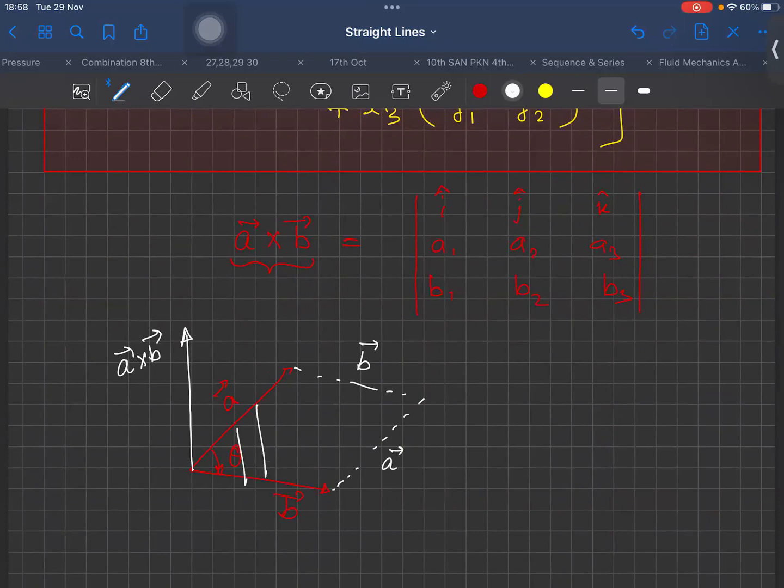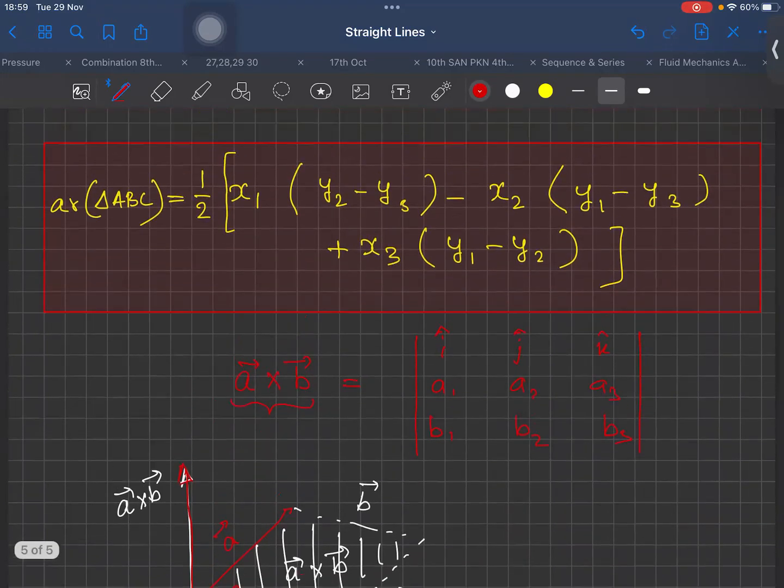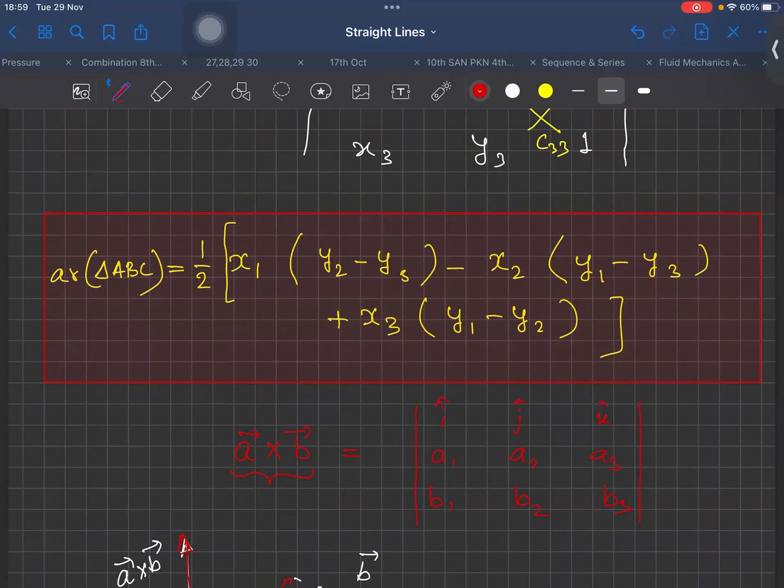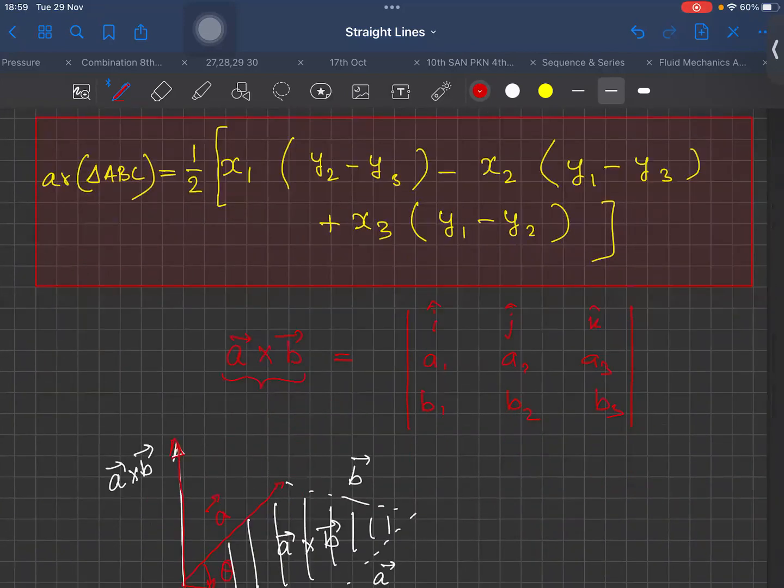So this magnitude, this is your cross product A cross B. Okay, this magnitude is equal to this vector which you are getting. So this is the actual vector you are getting when you are doing A cross B. Okay, so that's the meaning. So same thing you are getting here also, area of triangle, right? That's how it is calculated.